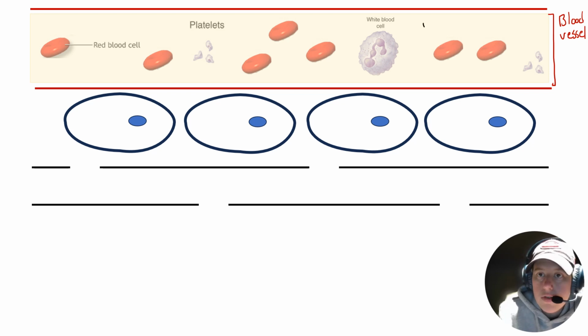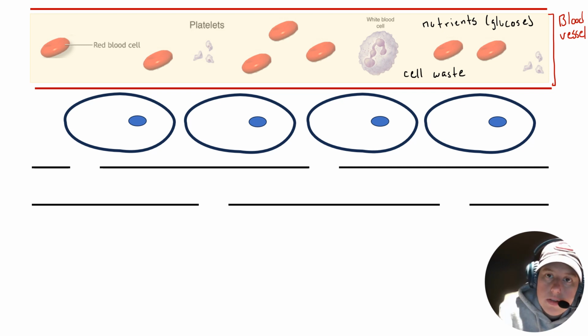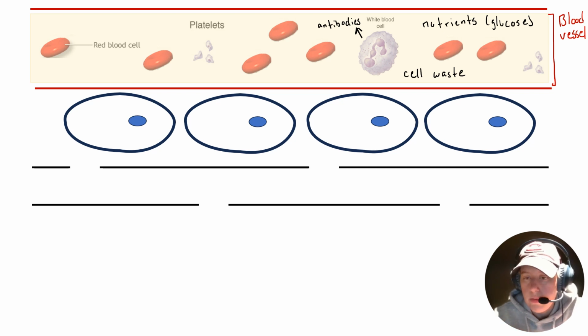We'll have nutrients, particularly glucose, amongst other things. We'll also have cell waste. We'll have antibodies, which are made by the white blood cells. And you'll also have hormones suspended in your plasma.